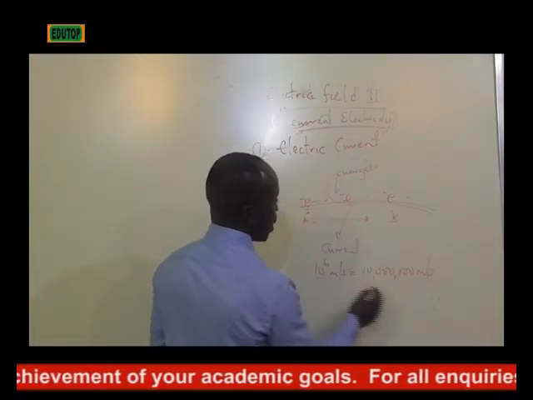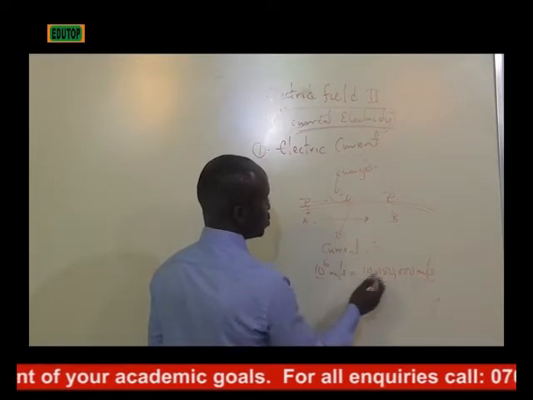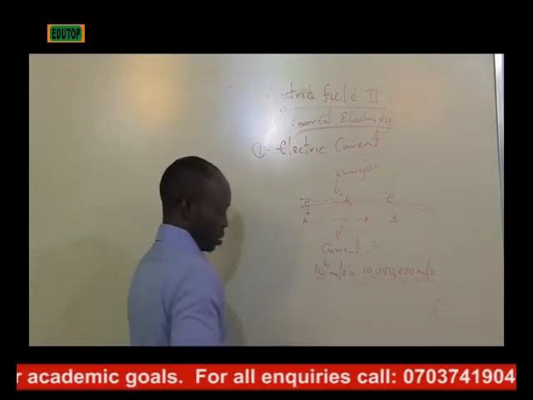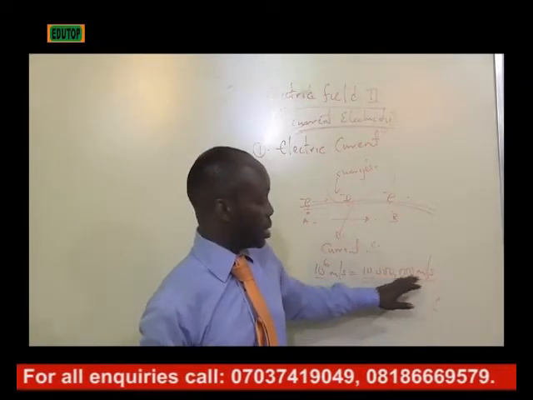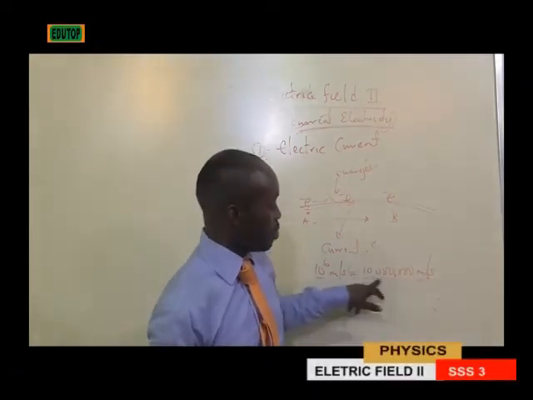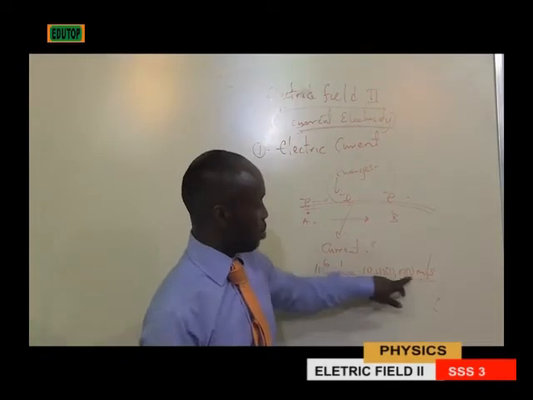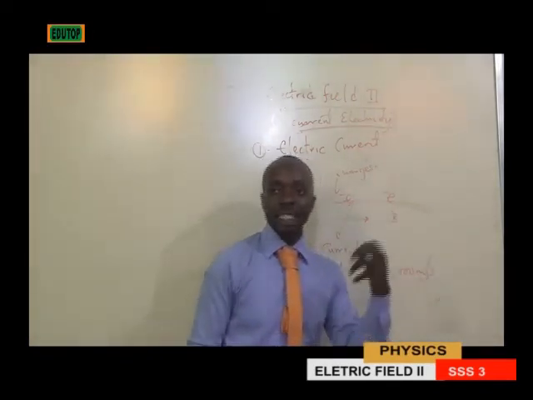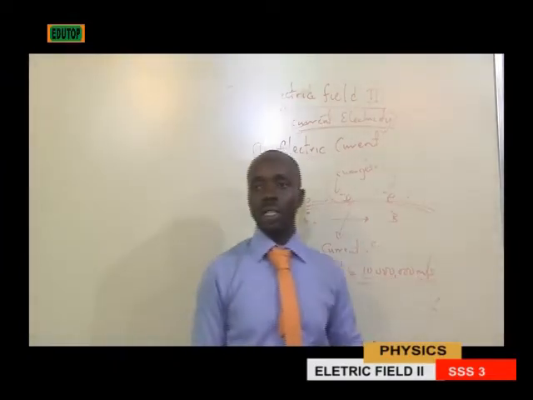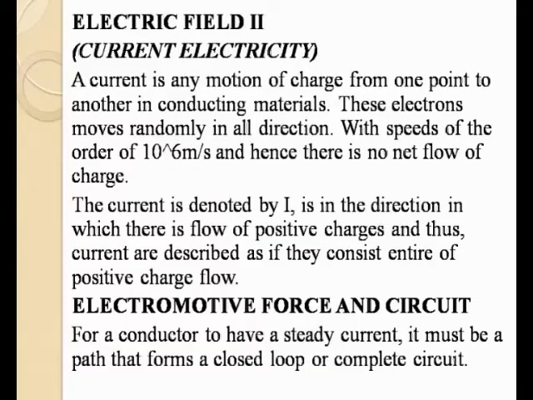It means that for every 1 second, each charge moves as far as 10 million meters as a distance. That's the average speed of that charge, and hence there is no net flow of charge.